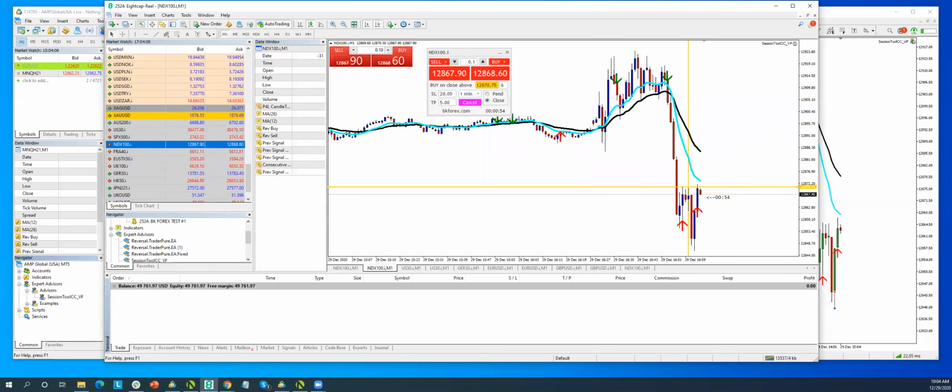All right, didn't quite clear the spread on the CFDs, so didn't quite clear to the upside.